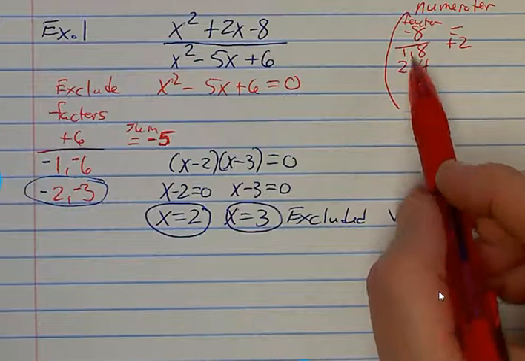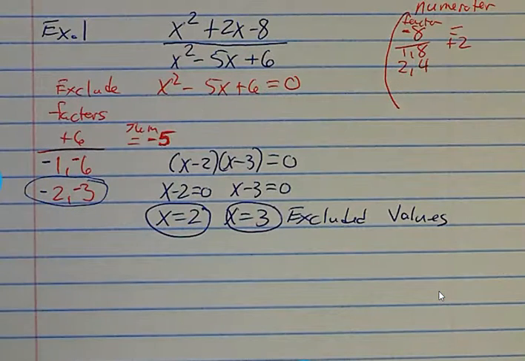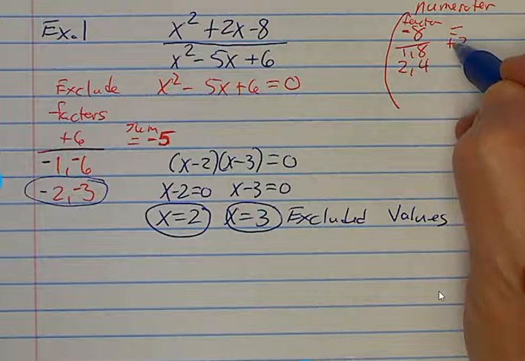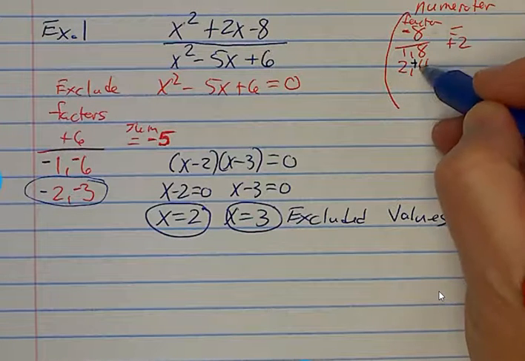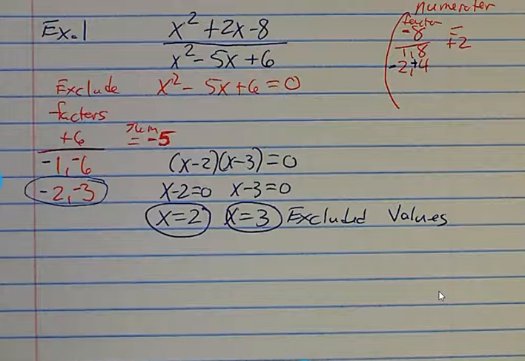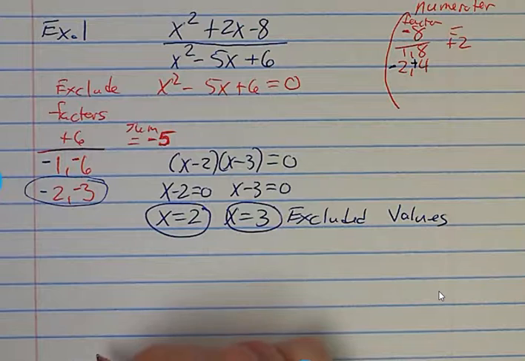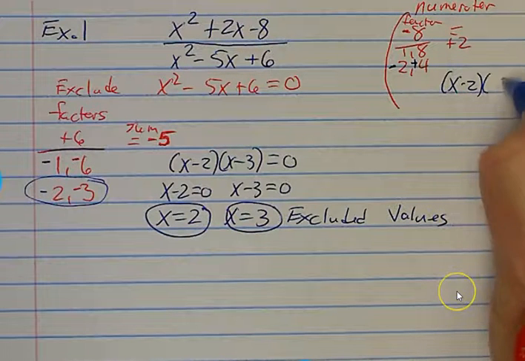Since it's a negative 8, and the bigger number is positive, negative 8 divided by positive 4 means that would have to be a negative 2. So this one would be x minus 2 and x plus 4.